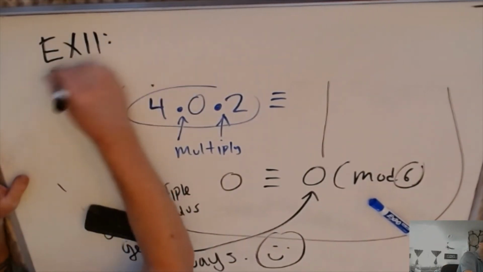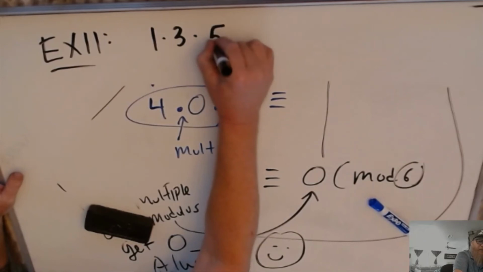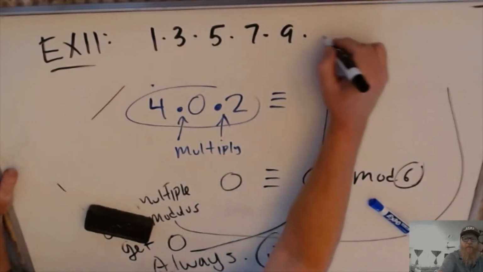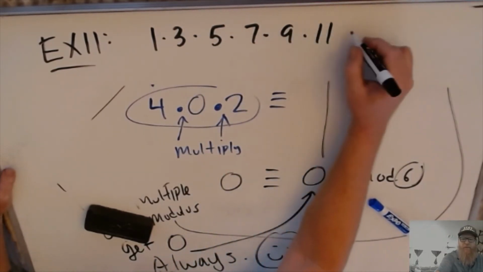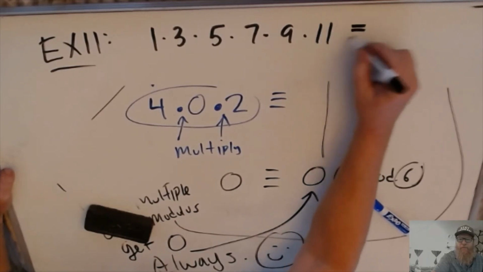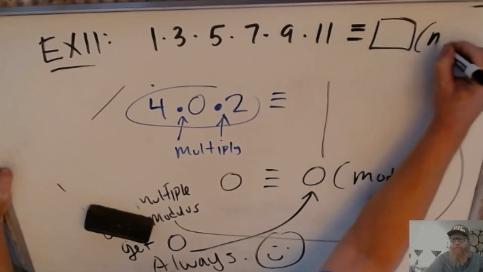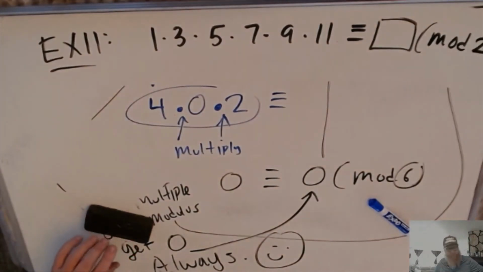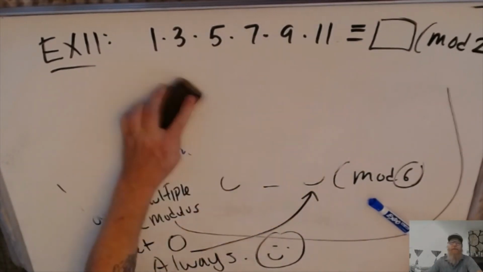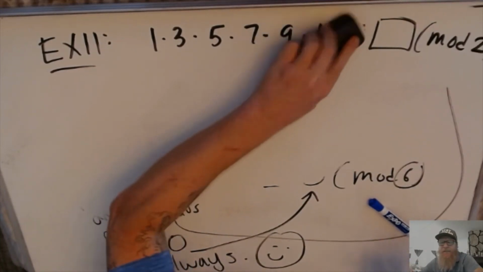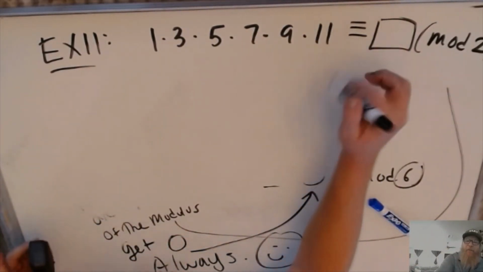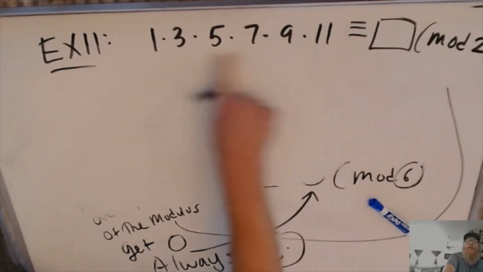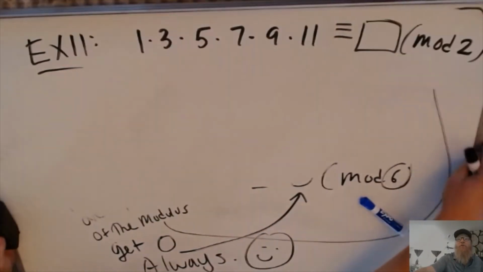Sometimes you don't get lucky, you get something like this. In this case, they're all odd numbers that we're multiplying.